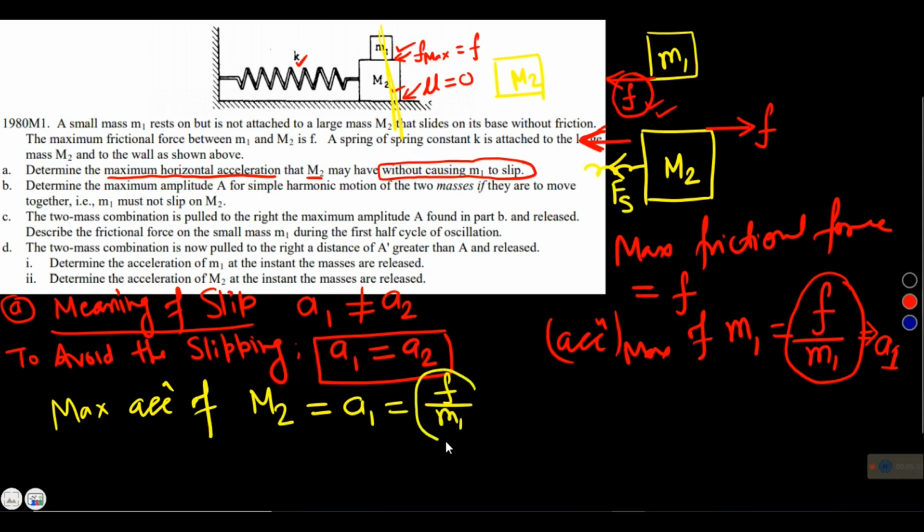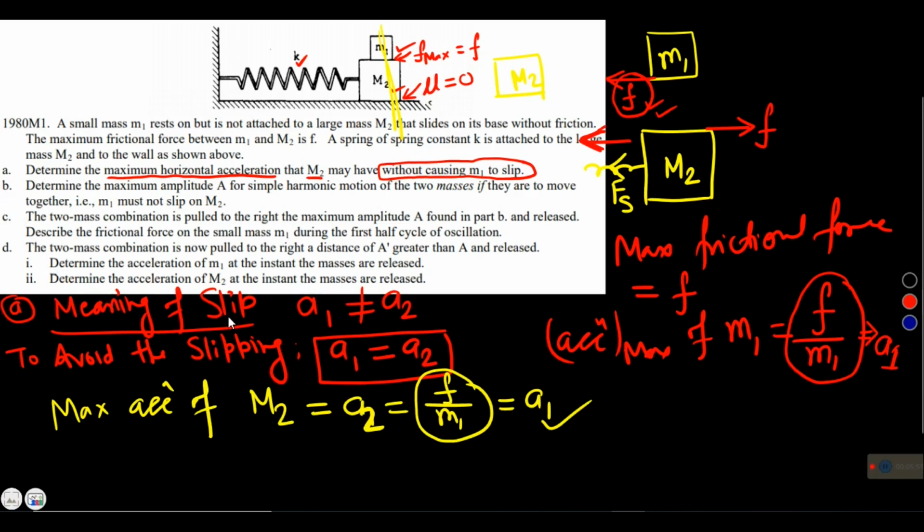Let us suppose this is a2 and we have this value F upon m1, and this is equal to a1. So to avoid the slipping, the acceleration of block m2 should be equal to this. This is our first part.